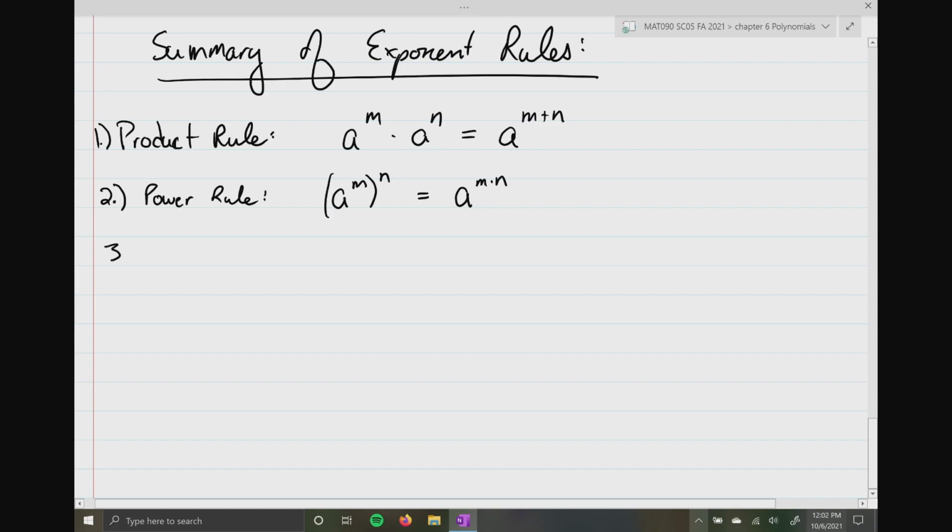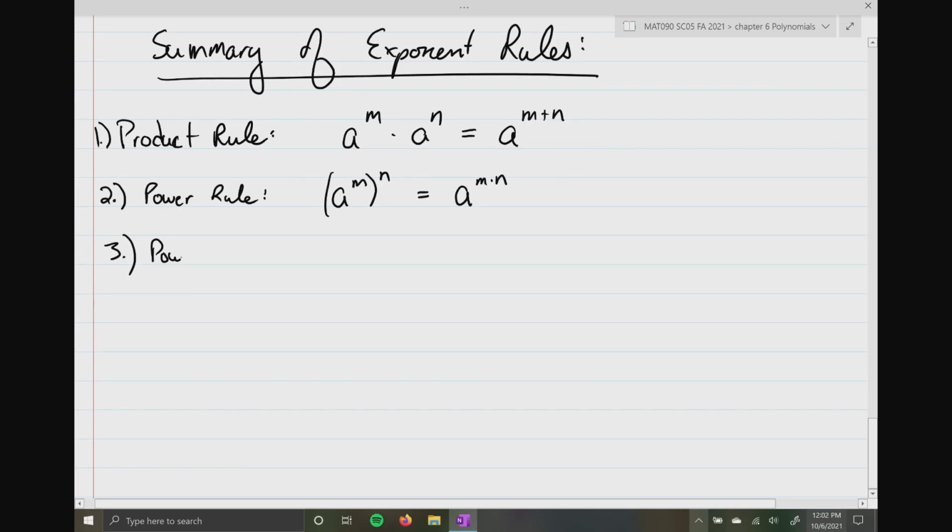3. We had our power of a product. And that rule said this. It basically just said if you have things that are being multiplied inside a quantity, I don't care what the exponents are, what we do is we multiply all the exponents together.